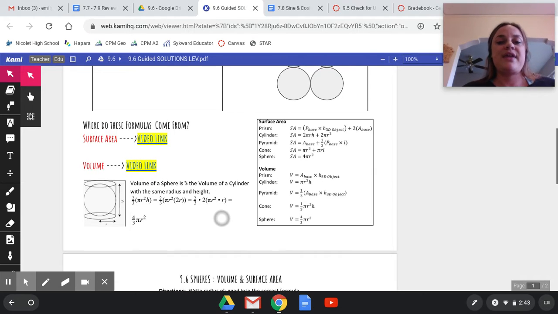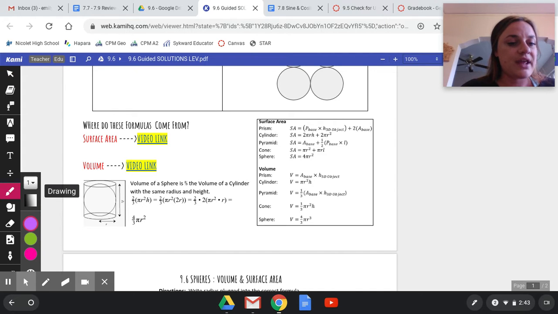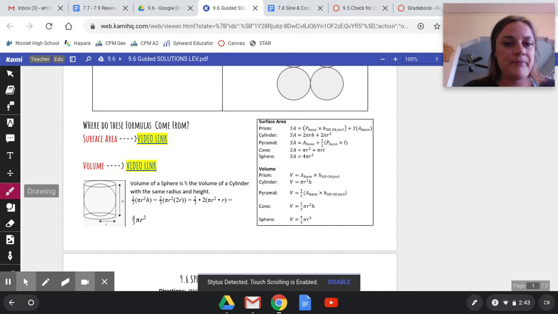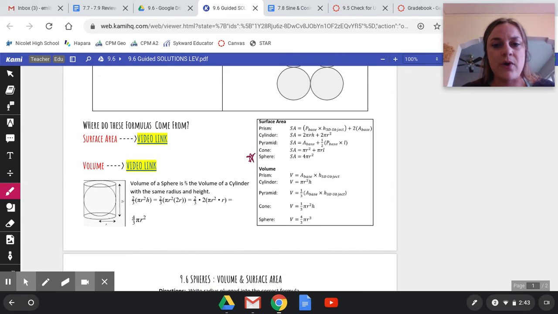Key things to note: the surface area of a sphere is 4 pi r squared. And the volume of a sphere is 4/3 pi r cubed.